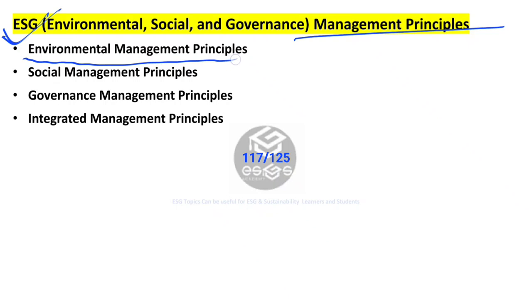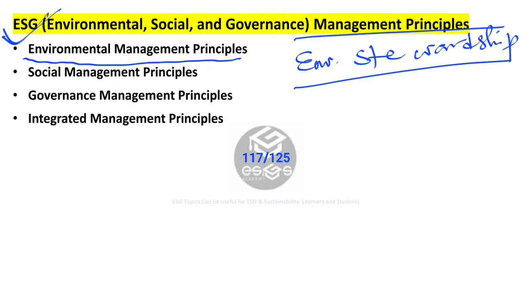So first one is environmental management principles. In this we can consider certain examples like environmental stewardship. Environmental stewardship is basically a commitment to minimize environmental impact and promote the conservation of natural resources. The next is climate action.